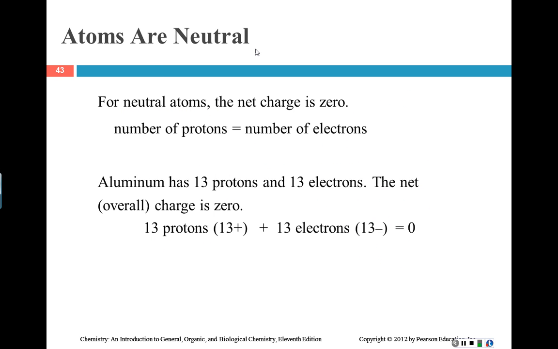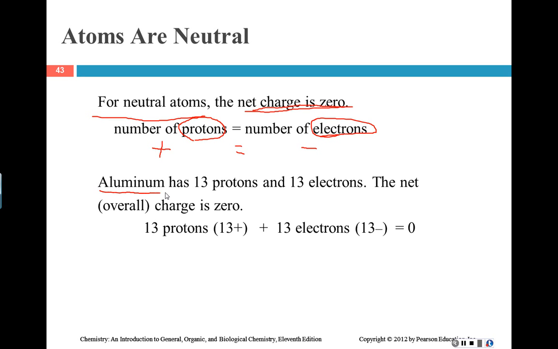Atoms are neutral. For a neutral atom, that means that the net charge is 0. In order to have a net charge of 0, you have to have an equal number of pluses and minuses, okay? So that means that the number of protons, which are positively charged, is equal to the number of electrons, which are negatively charged.